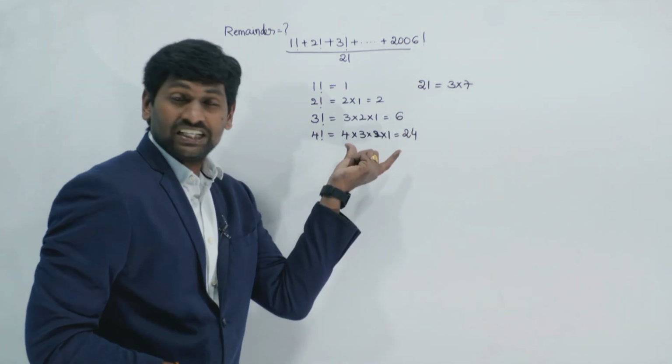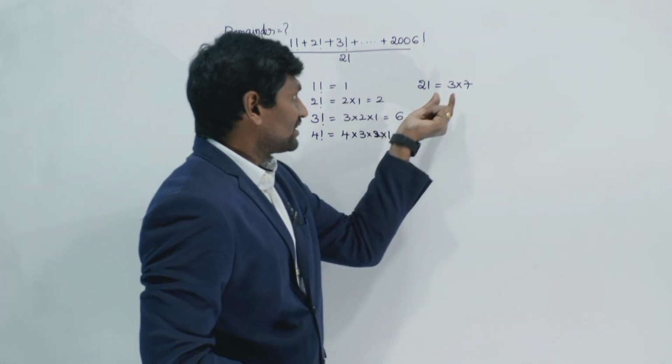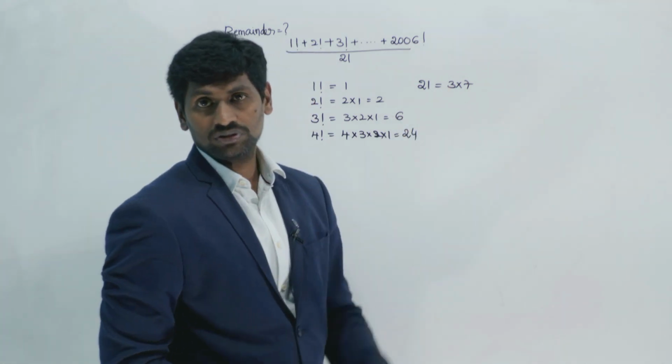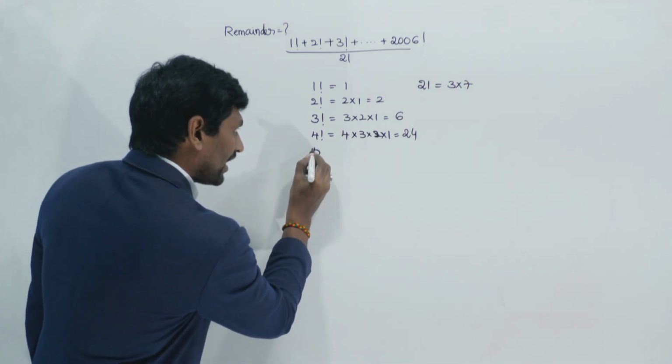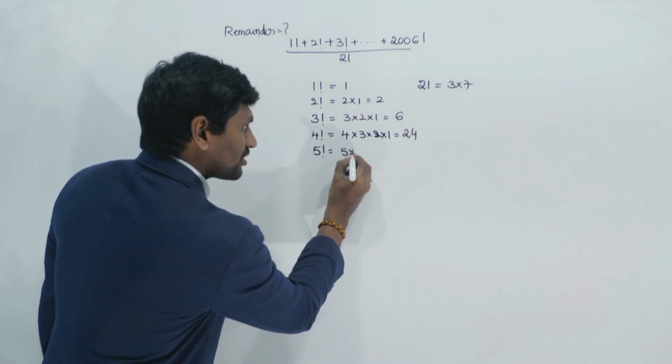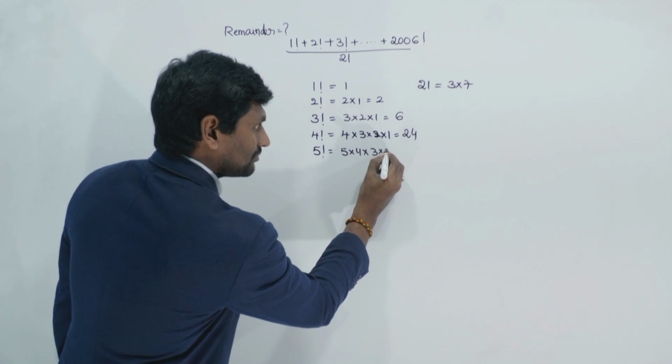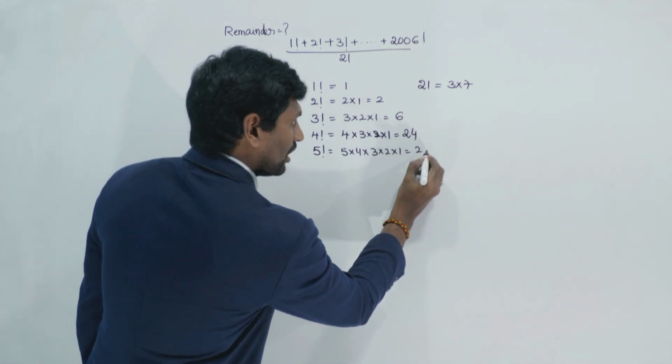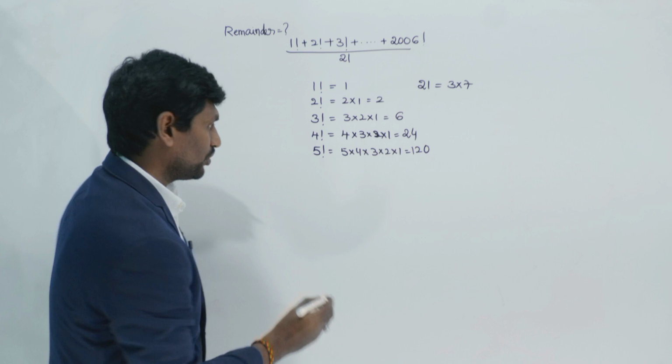Until then we did not get any factor involving both 3 and 7. Let us find 5 factorial also. Here also we are not getting it, right? That means we should go up to 7 factorial.